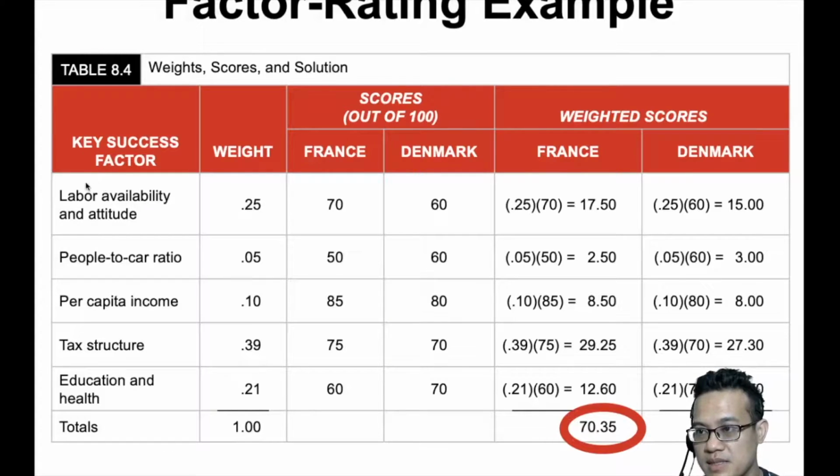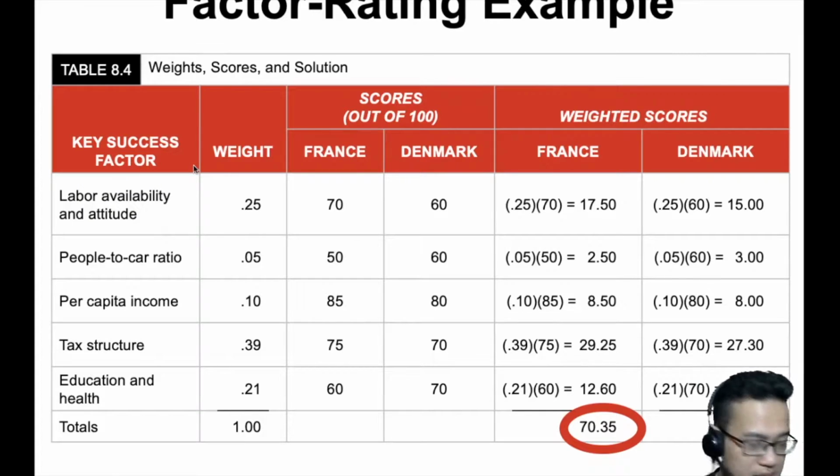For this case, the first thing is they develop a list of relevant factors, or key success factors: labor availability and attitude, people to car ratio, per capita income, tax structure, and education and health. The next thing to do is to assign weight.